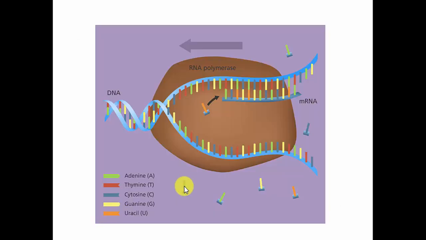So it's going to look something like this. The DNA itself will be opened up or unzipped. And the one side or the other of the DNA molecule will be used as what's referred to as a template. So we only use one half of the DNA molecule, one side or the other.